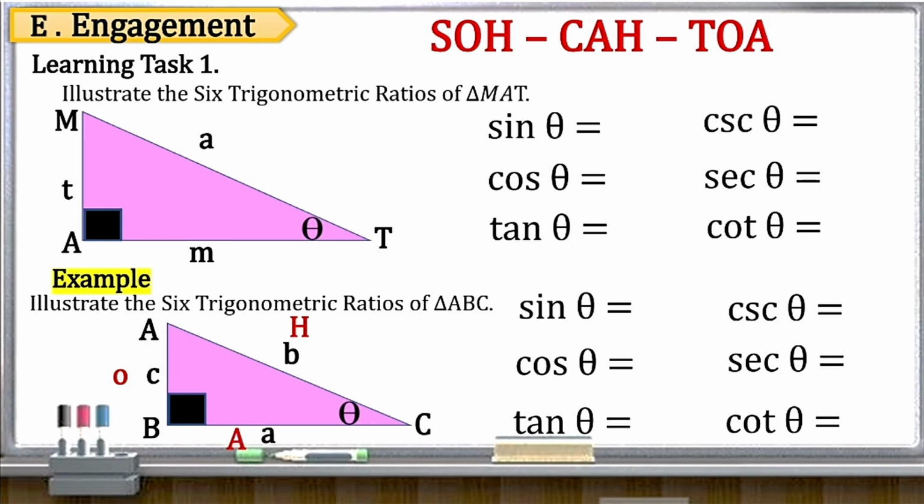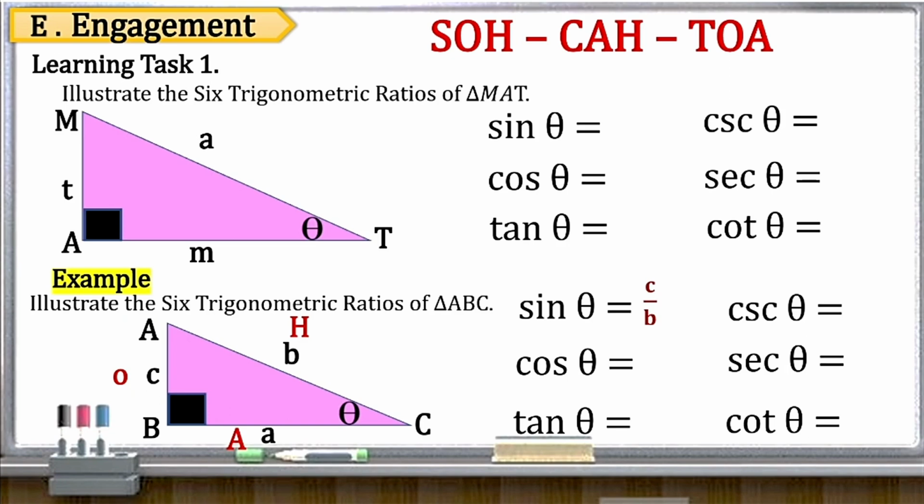After that, pwede na natin kunin isa-isa ang 6 trigonometric ratios of triangle ABC. So, sin theta class is opposite over hypotenuse. Kung yung opposite natin ay C, hypotenuse natin ay B, so sin theta is equal to C over B. Next, cosine theta. So, cosine is equal to adjacent over hypotenuse.